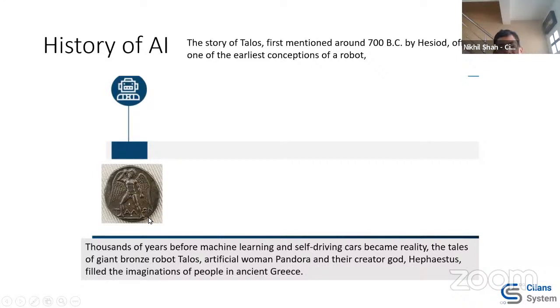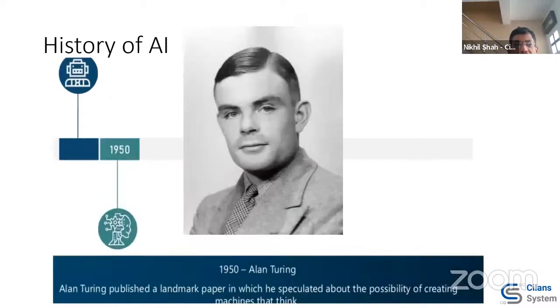So even before machine learning and the current technologies, well, self-driving cars are now becoming reality, people had already imagined things on those lines. But let's come to recent years.